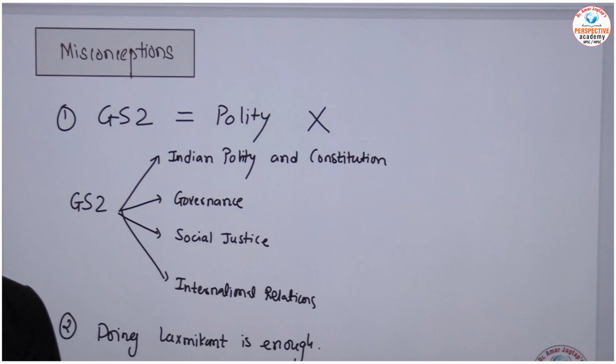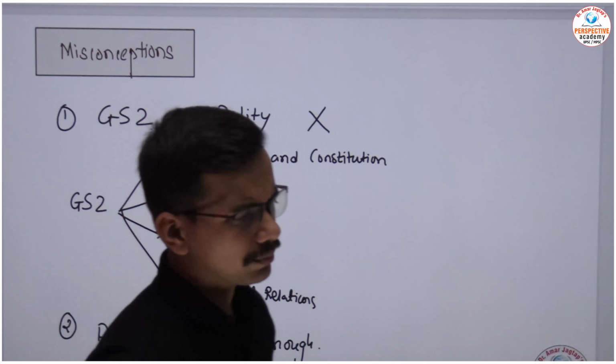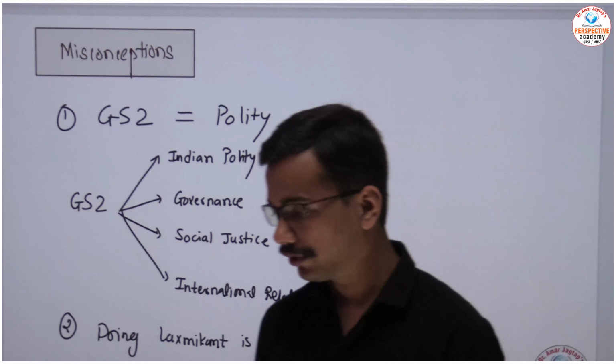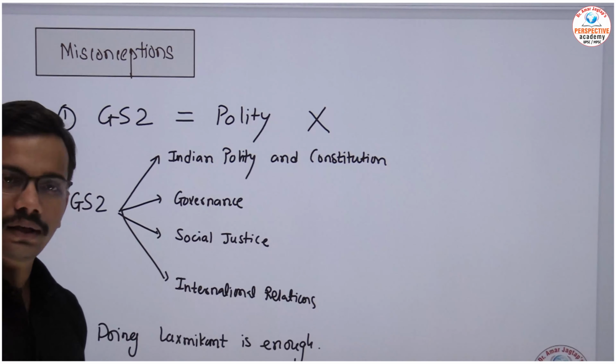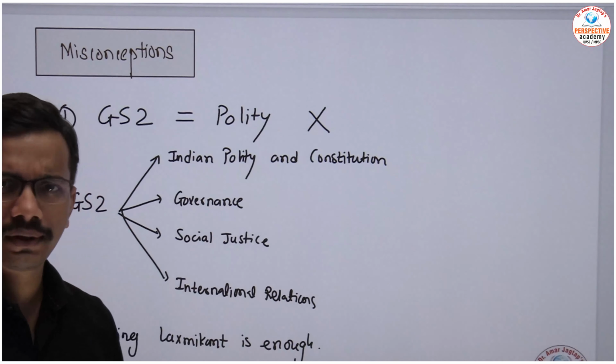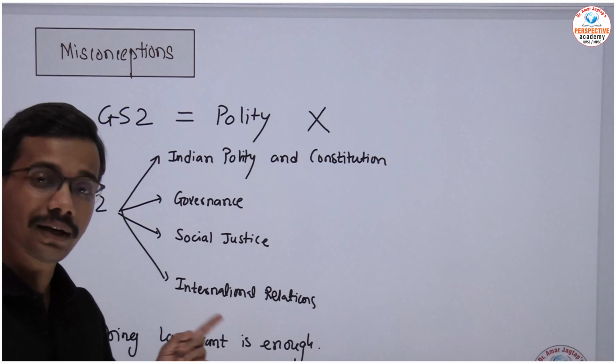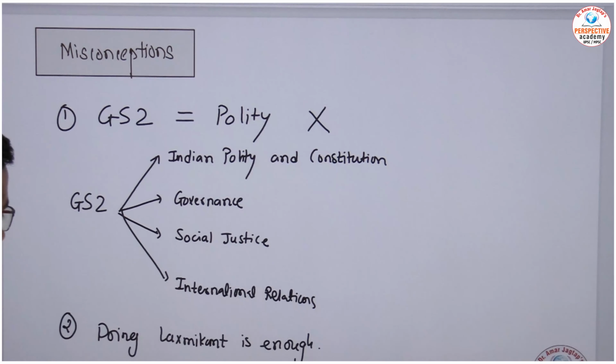There you didn't have to think too much from an analytical point of view. But now you have to think. Subsequently we will see UPSC previous year questions so that you can understand what I am talking about now. So these are two misconceptions: doing Lakshmikant is not enough, and GS2 is equal to polity.